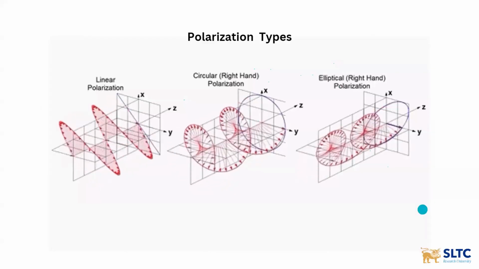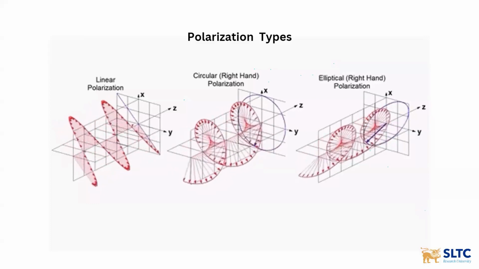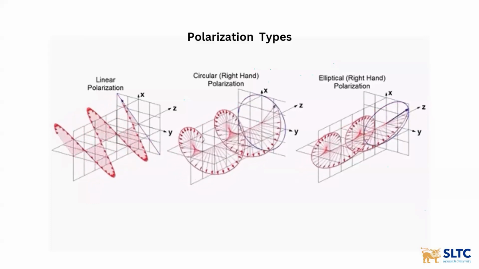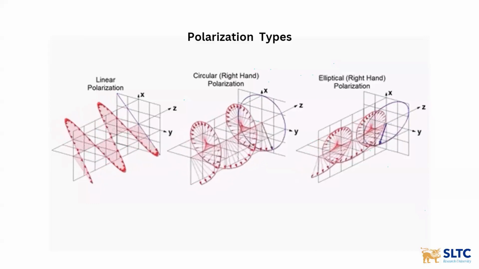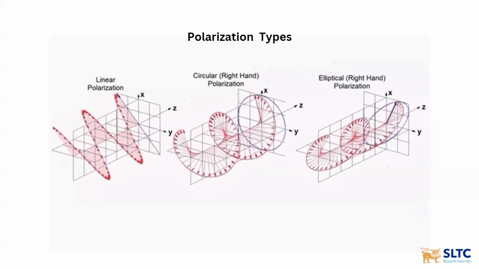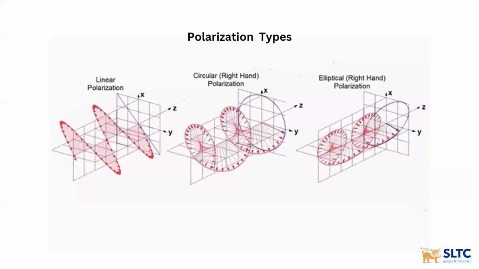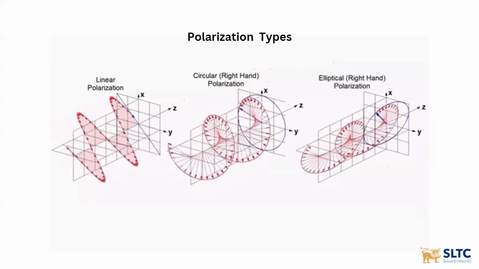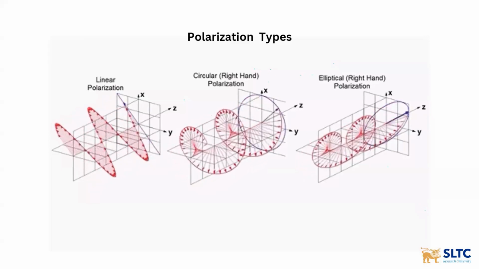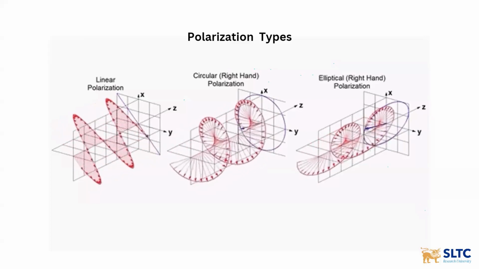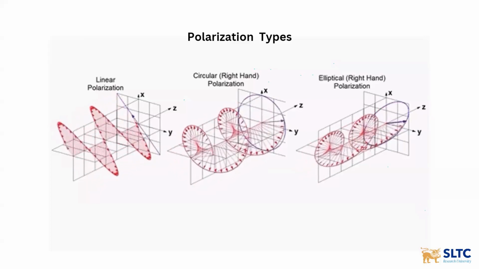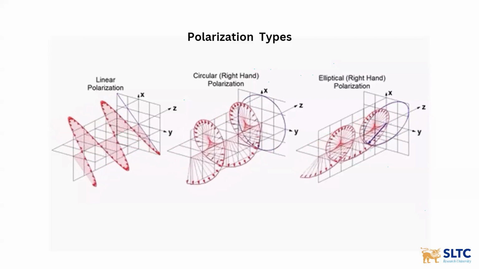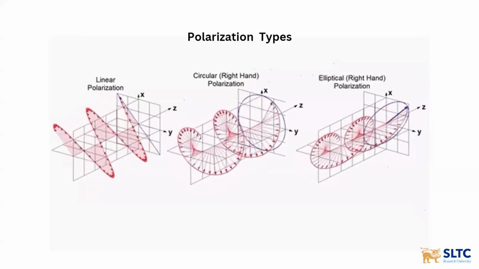And then here, I'm talking about the polarization of electromagnetic waves, right? Polarization means how the electric field behaves as it propagates through space. If the electric field maintains a constant direction, we call that linear polarization.